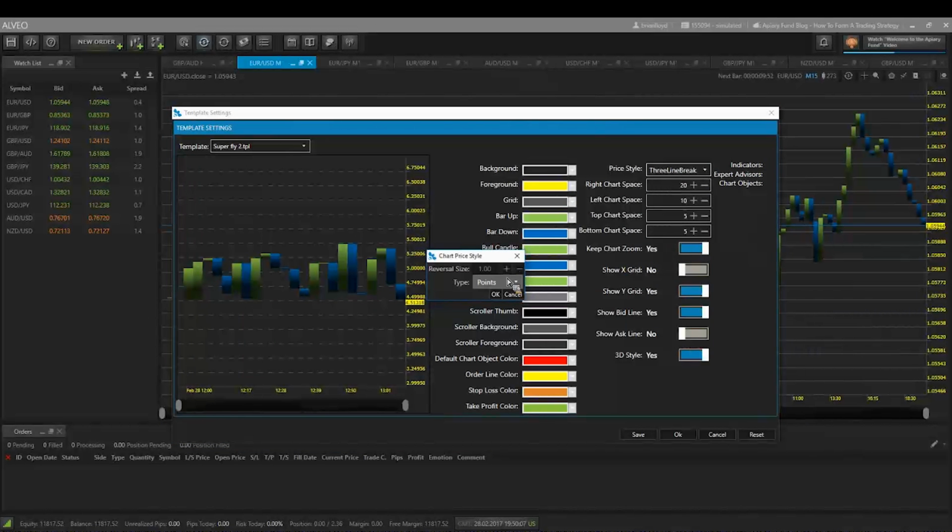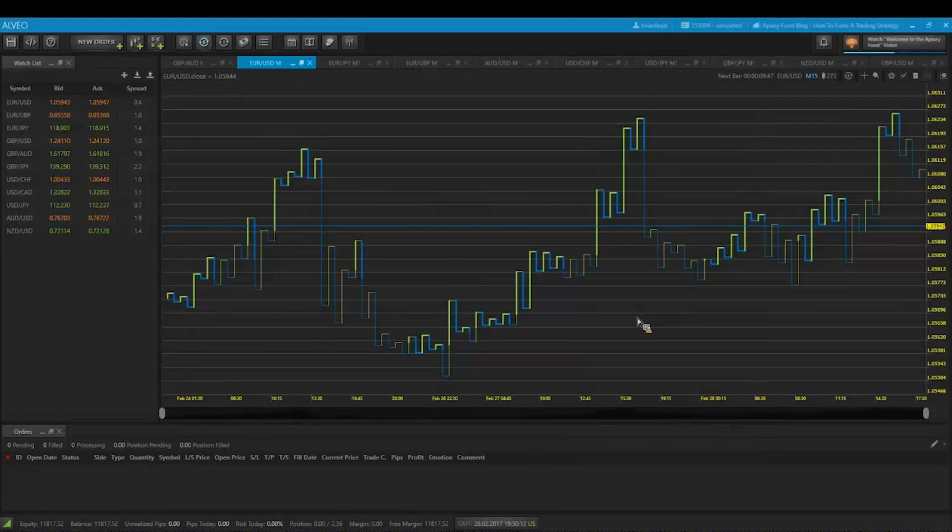And then this looks Japanese as well. This is also an offshoot of a bar chart. So not candlesticks, but it's kind of a hybrid of bars, and you can see the configurations of how that is looking.